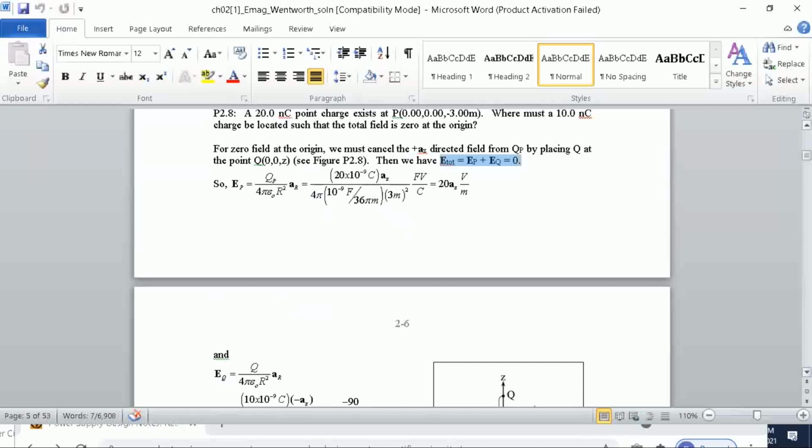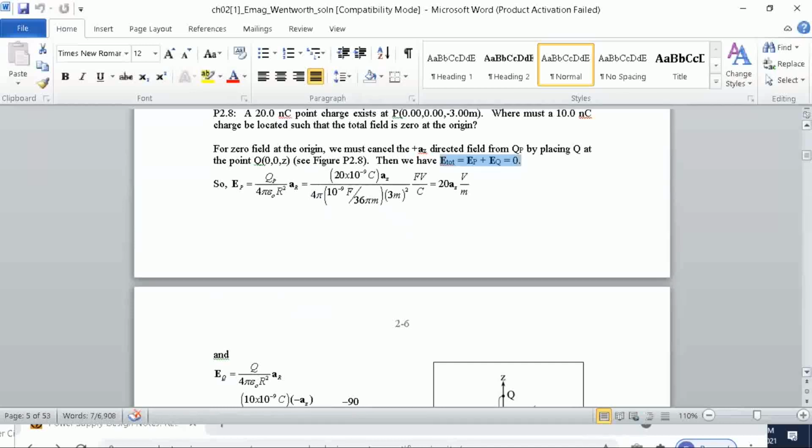I said to put the location at the 0, 0, 0 point, so I believe you would have Q2 minus Q1.